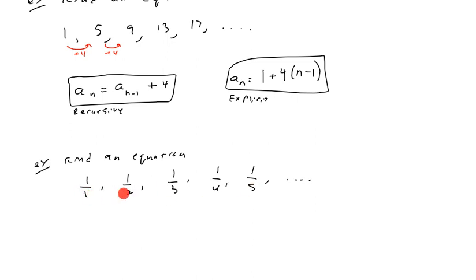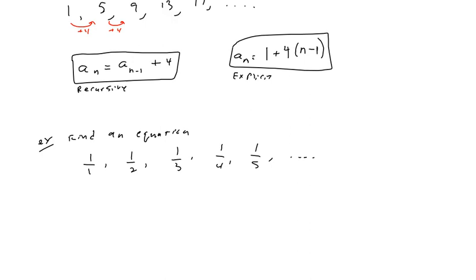No. What's changing is the bottom number is increasing by 1. In fact, the first term is the 1, the second term is the 2, the third term is the 3. It's the position number on the bottom. I'm not really adding anything, I'm just putting the n down here. But it's a weird pattern.